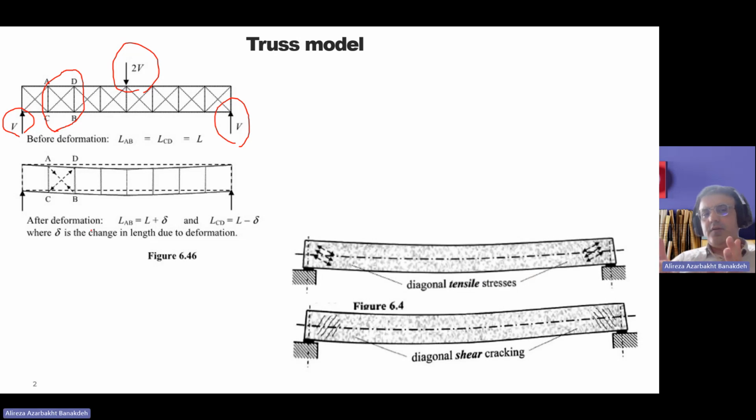If you don't have any reinforcement to carry these loads, there will be some sort of shear cracking near and close to the support like this. And you can see that the shear cracks are along the forces of element CD, which is in tension.